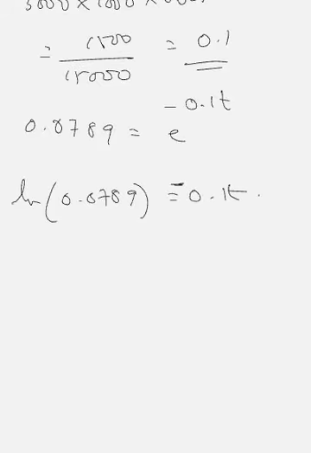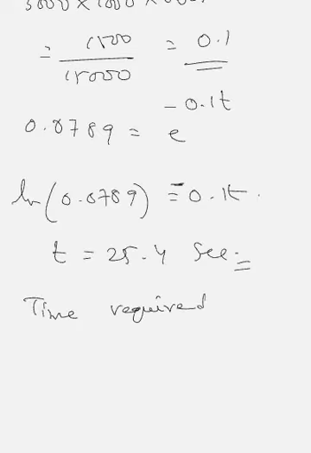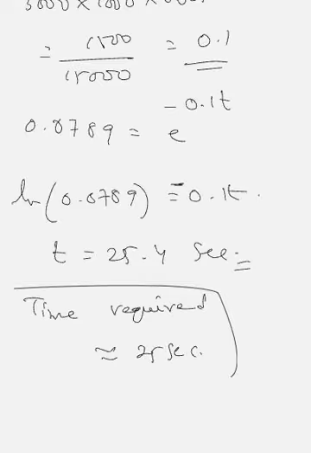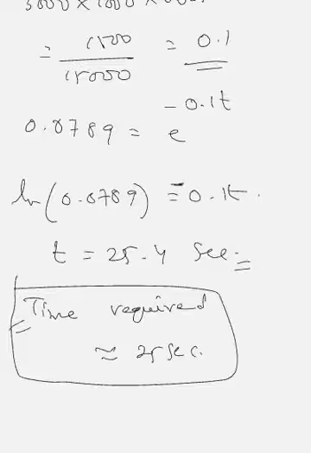Now calculate. So we get t is equal to 25.4 seconds. Okay, so the time required is near about 25 seconds. So this is the correct answer for this question.